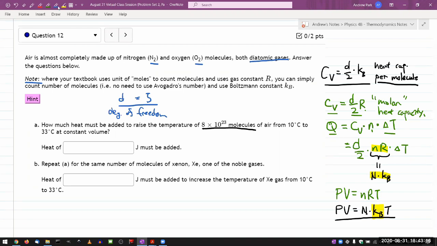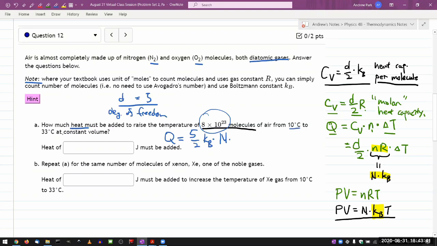So the expression to use for part A would be the amount of heat that's needed. The heat that's needed is the specific capacity for diatomic gas, that should be 5/2 kB, times the number of molecules, that would be this, times the change of temperature.